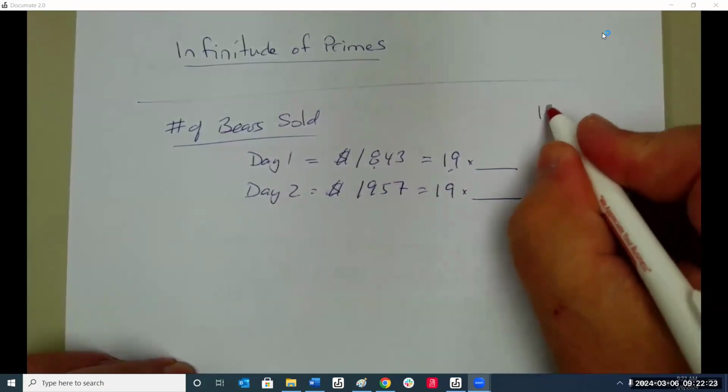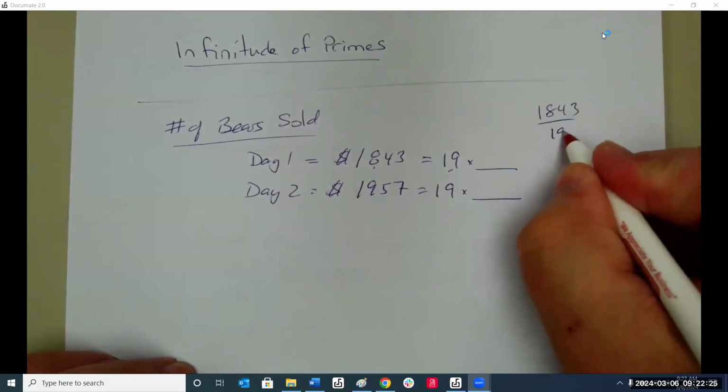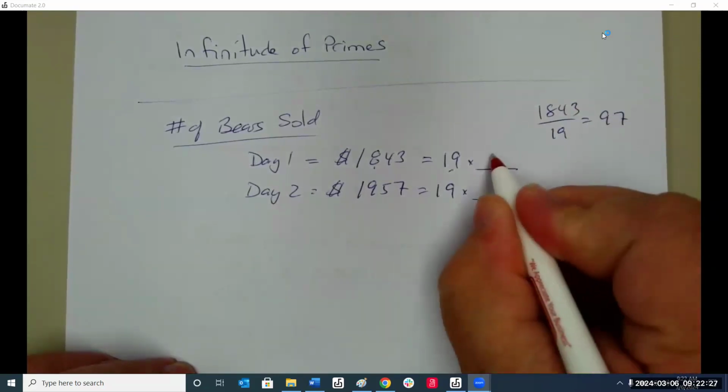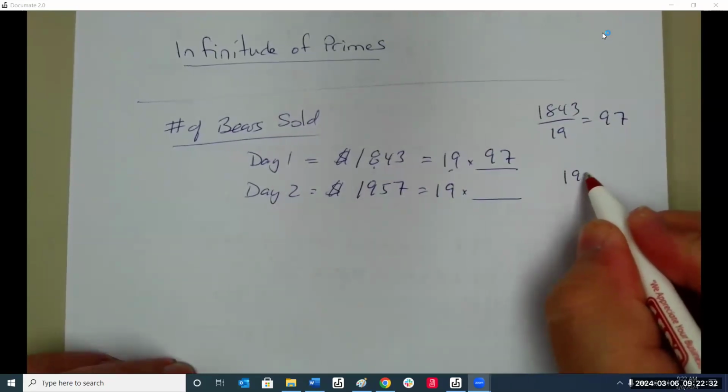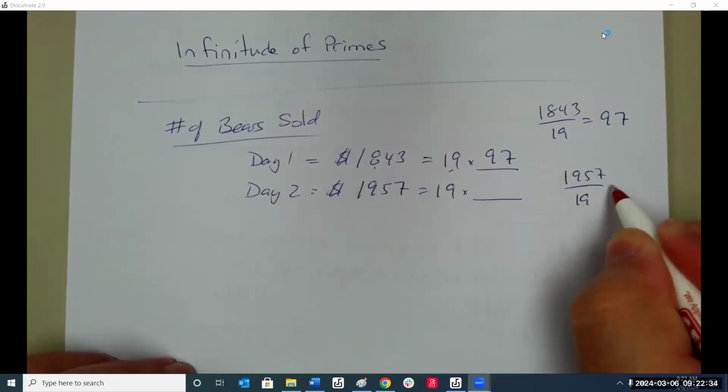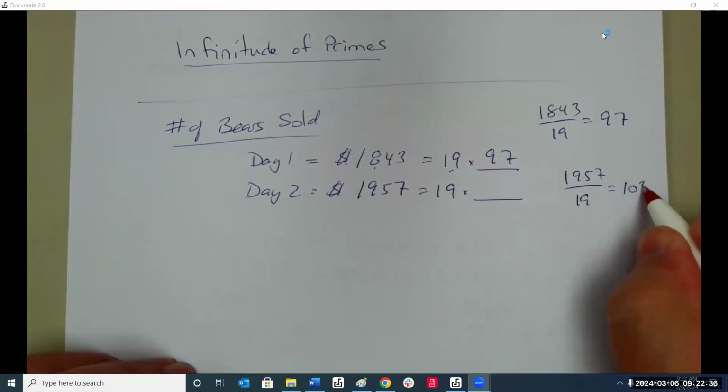Yeah. 1843 divided by 19 is equal to 97. And then same thing, 1957 divided by 19 is 103.